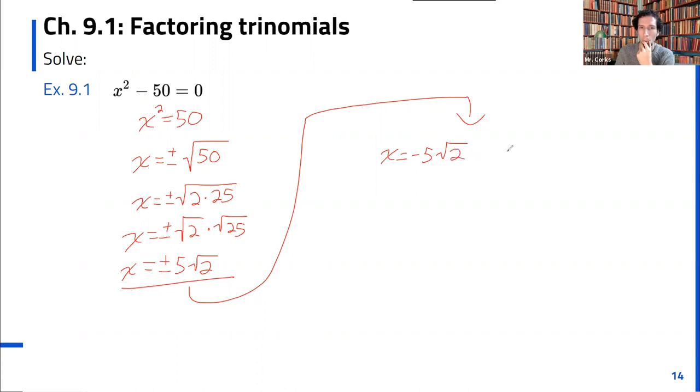Or positive 5 root 2. So 2 different versions. Remember, when we see the plus minus, that means we have 2 different things we need to evaluate. So those are the 2 possible solutions here. Now we'll look at cases where things get slightly more complex, but still not too bad.